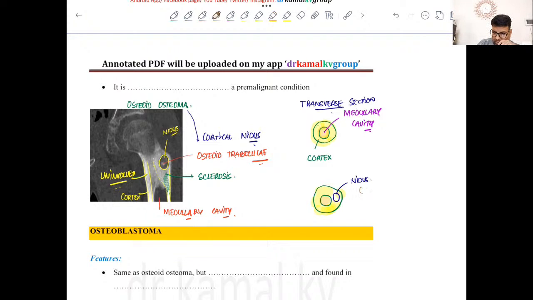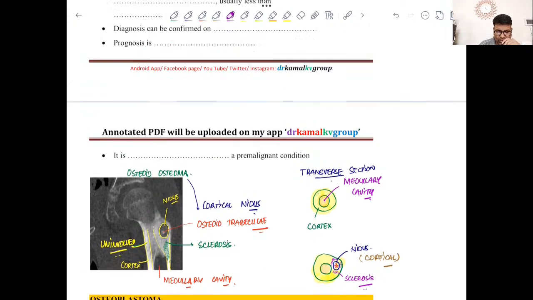So this is a cortical nidus, and in transverse section it is very easy to identify. And then you can see a tangled array of partially mineralized osteoid trabeculae, and there is all dense white here, and that is known as sclerosis. Clear? Very easy to identify, especially on the transverse plane, because you can see the lesion is within the cortex, right? So this is how you need to identify osteoid osteoma on X-ray.